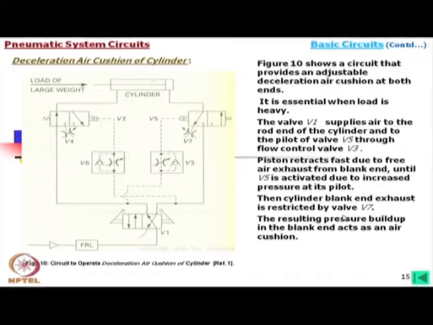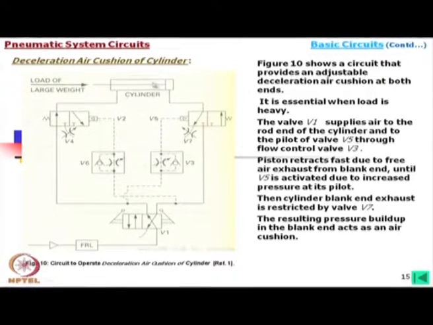So, the operation is like that: the valve V1 supplies air to the rod end, this side, and to the pilot side of this valve V5 through a flow control valve V3. The piston retracts very fast from the blank end until V5 is activated due to the increased pressure.